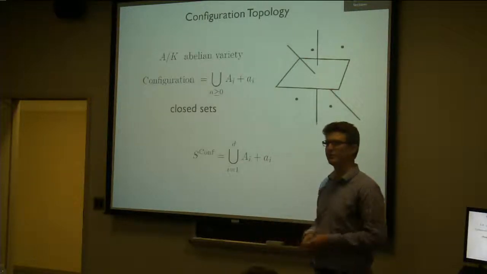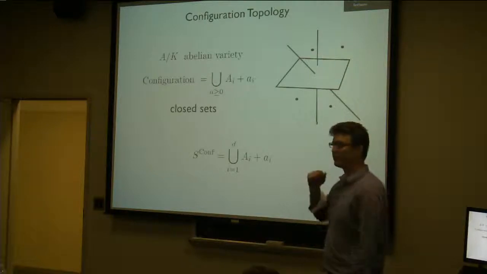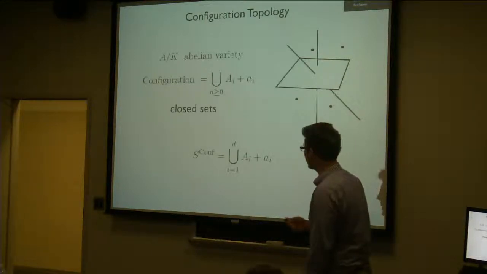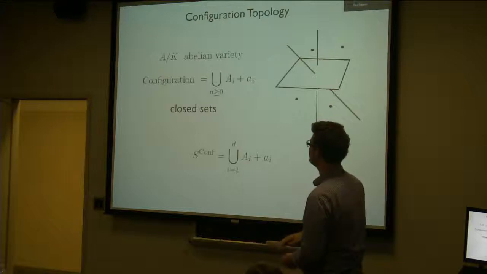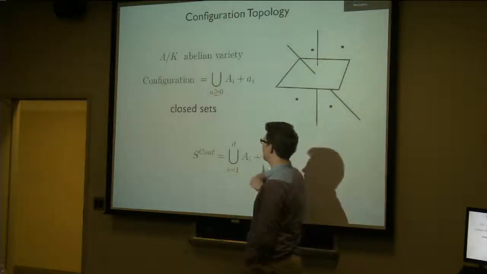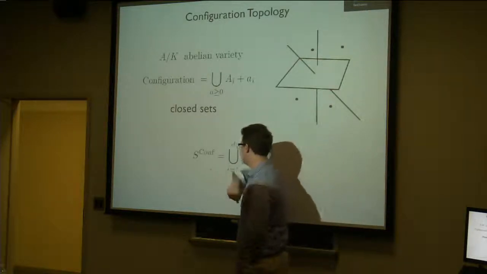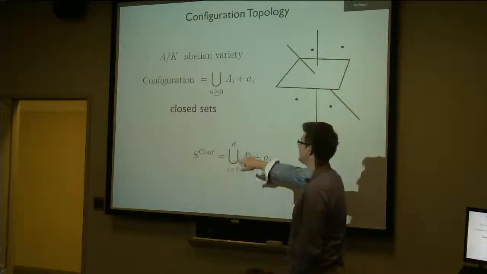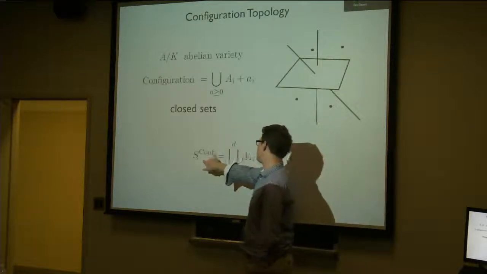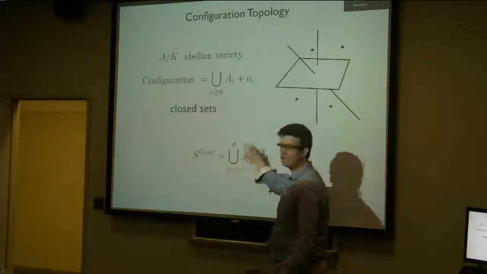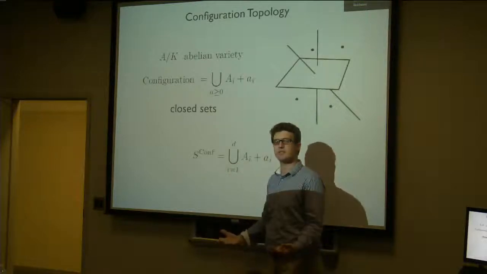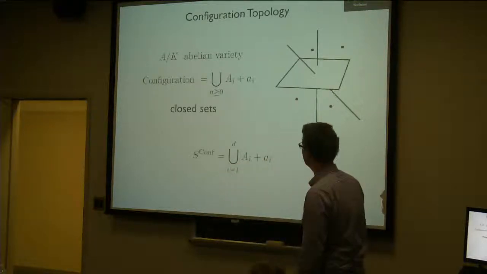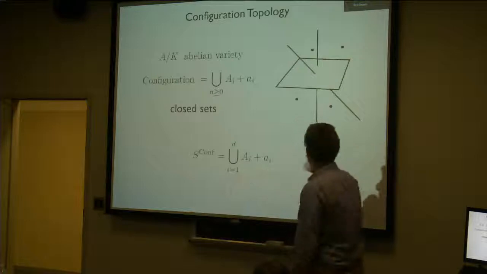So the intersection of configurations is a configuration. You can actually do this with cosets of groups too. If I have a subset S of an abelian variety, you can define its configuration closure to be the intersection of all the configurations that contain it. So it's the smallest one that contains it. This is the topology here.